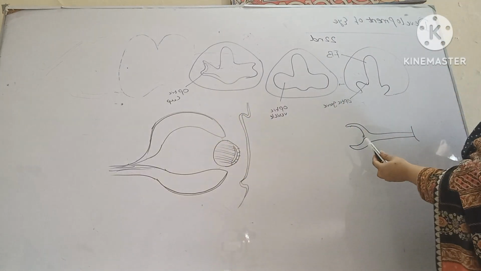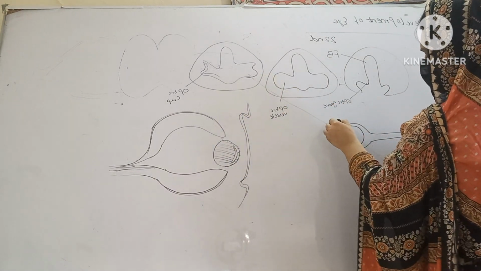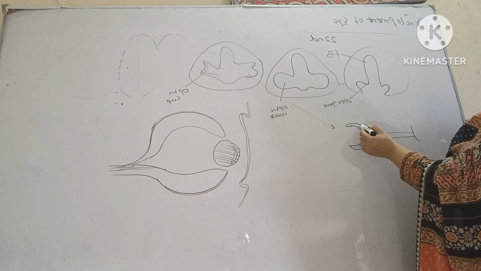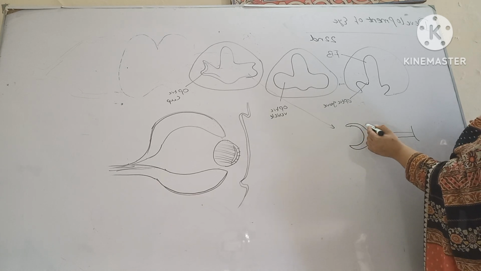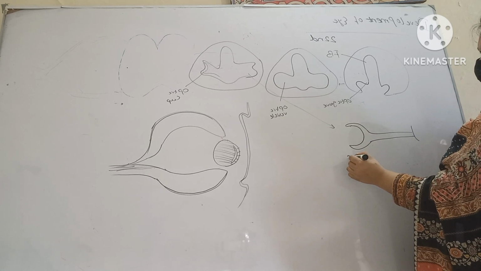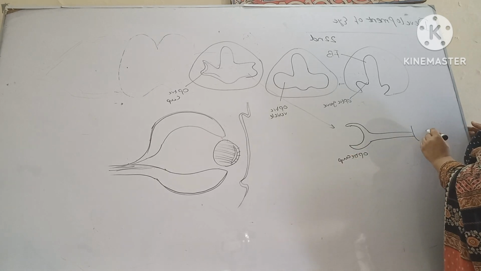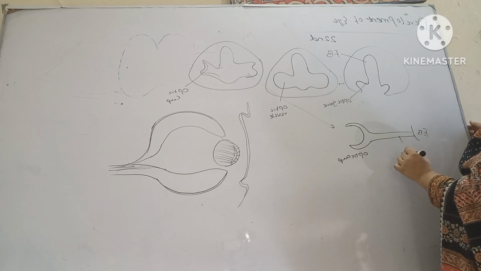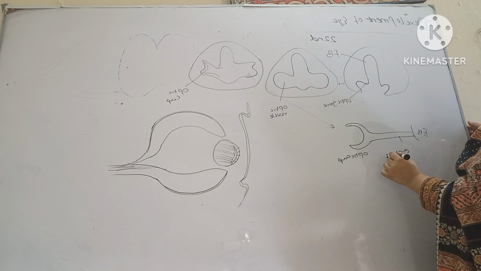This is the diagram of the optic cup, and you can see there are two layers. This optic cup is connected to the forebrain vesicle through a stalk which is known as the optic stalk.